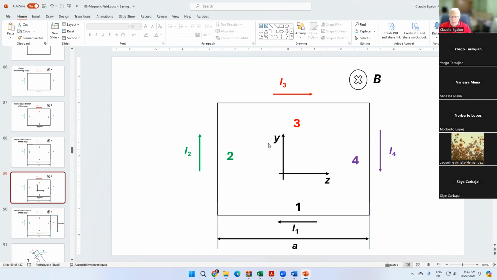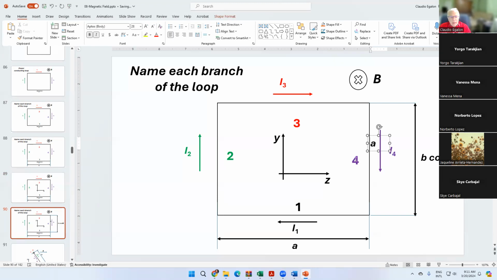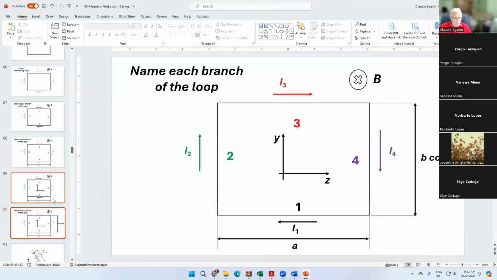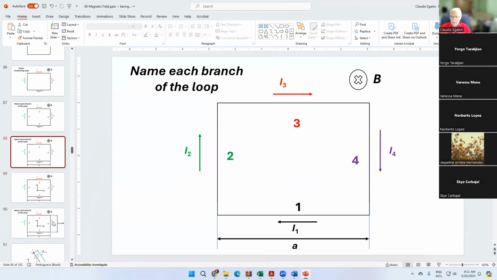We're going to need the YZ plane in the other drawing as well. More students coming. Why do I have A here? I shouldn't have A here. Let's see if there is any other.